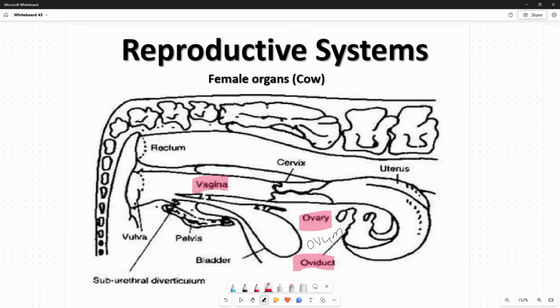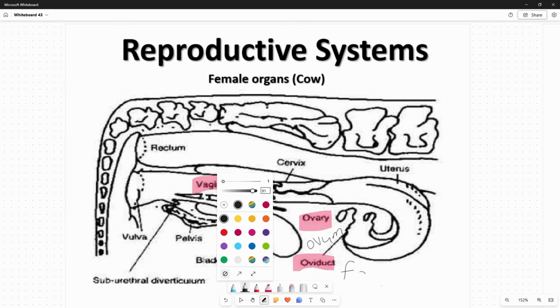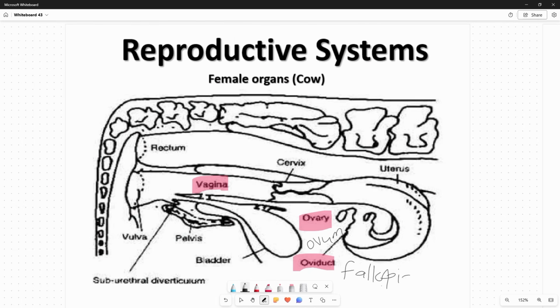The common word that we normally use there is fallopian tubes, as the other name for oviducts. Right. So the fallopian tubes is where the ovum will travel through after it has been produced.